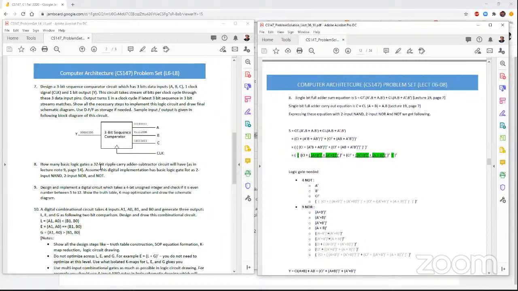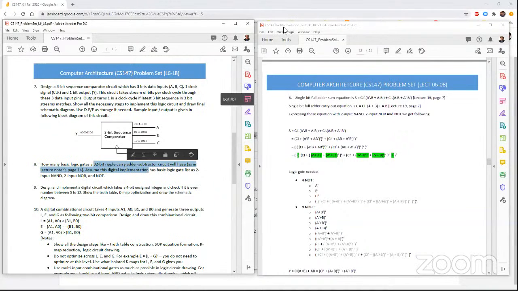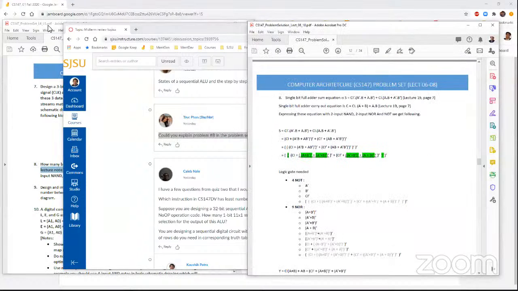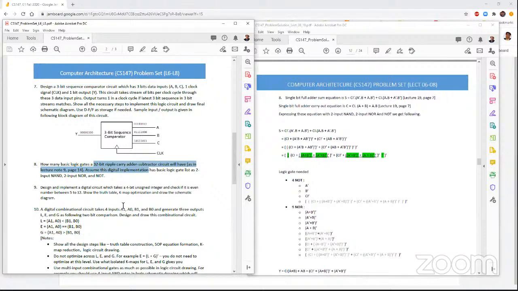How many basic logic gates for a 32-bit triple carry? Let me make sure. Number 8 of set, problem 6. Okay, 6, 8. So it talks about basic logic gates. We did a similar thing with NAND only, and NAND only gives more consistent results.